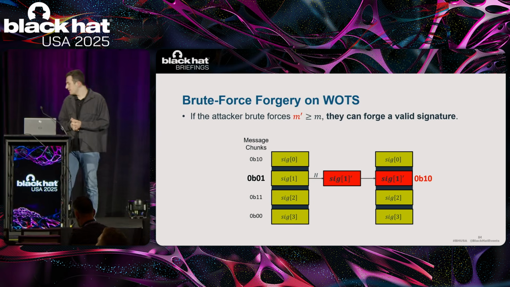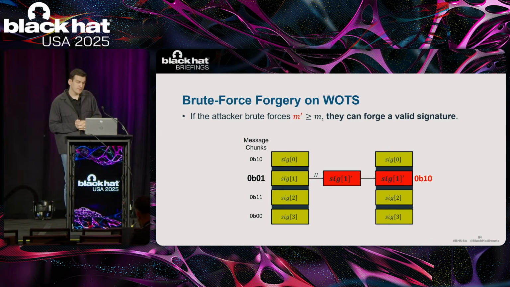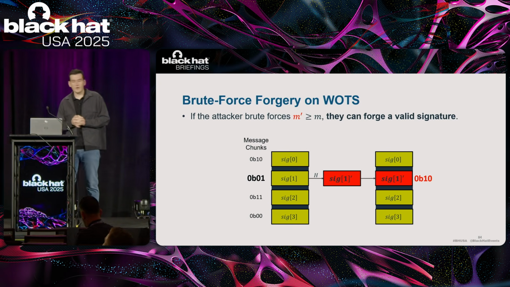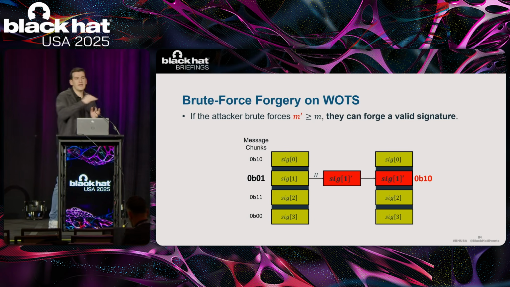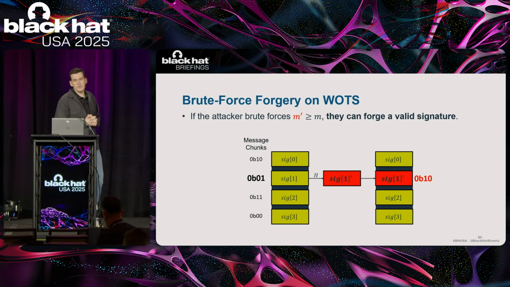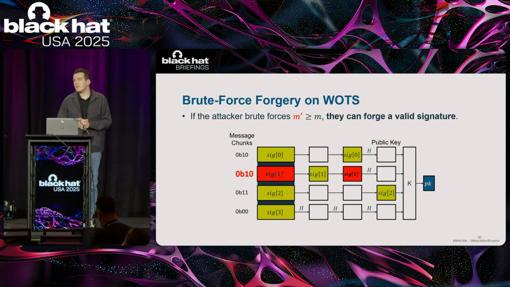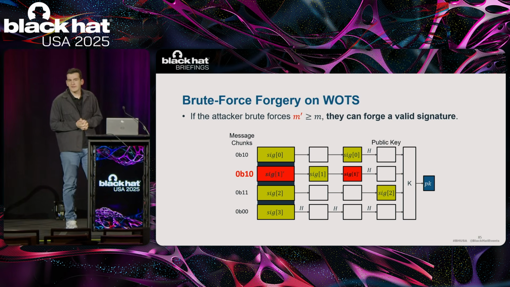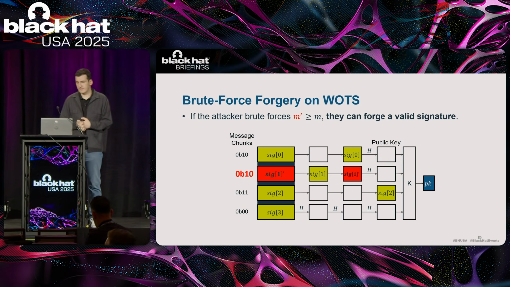And after the brute force search, if you can find those message digits, it's pretty easy. For example, to change the value of 01 to 10, you can just parse the signature and hash 1 more time. And then your forged signature is ready. And if you give this forged signature to the device, then it will also calculate the same correct public key, and the device will accept this as valid.